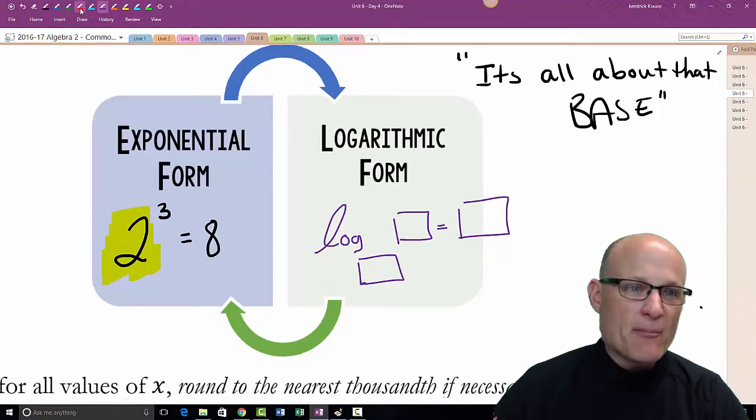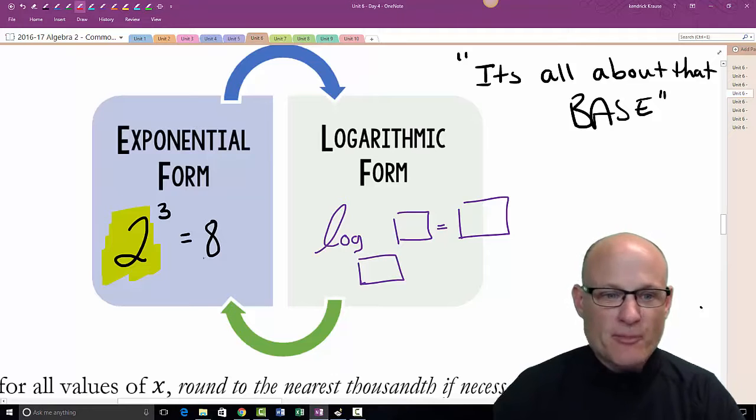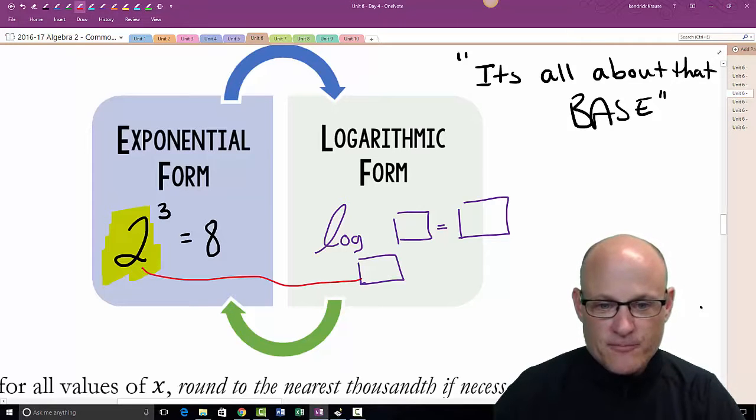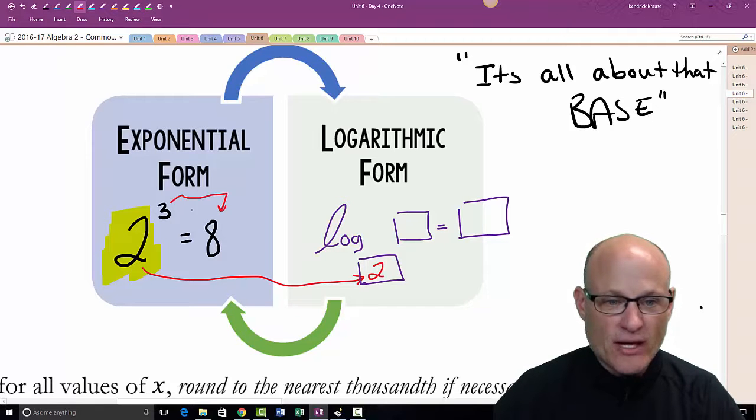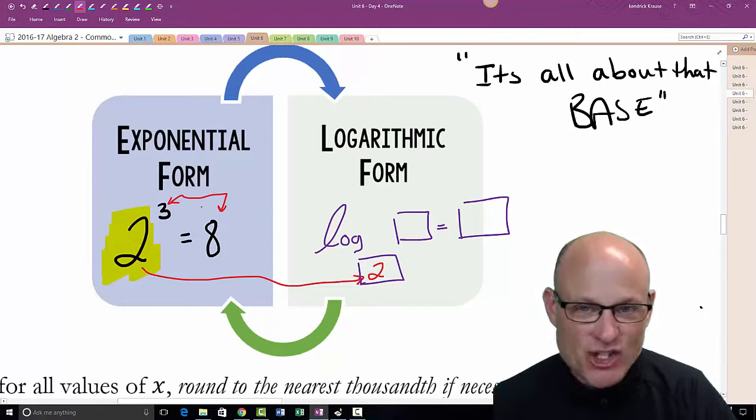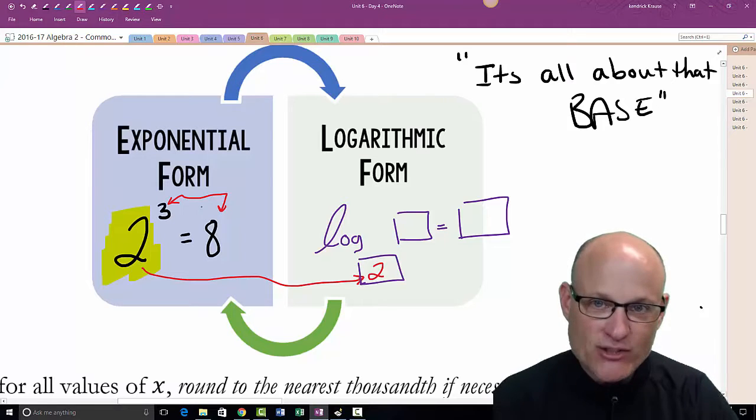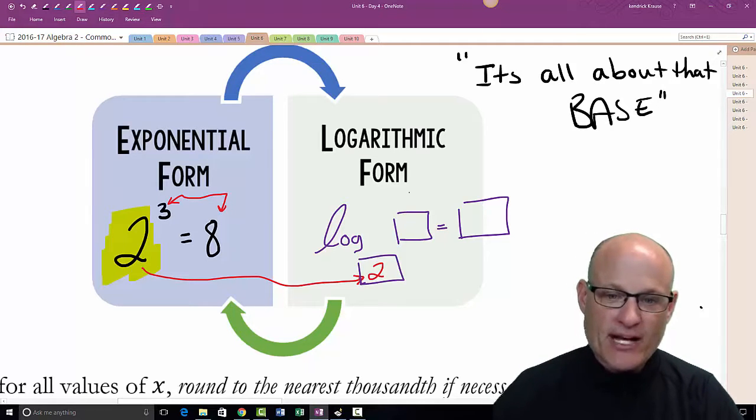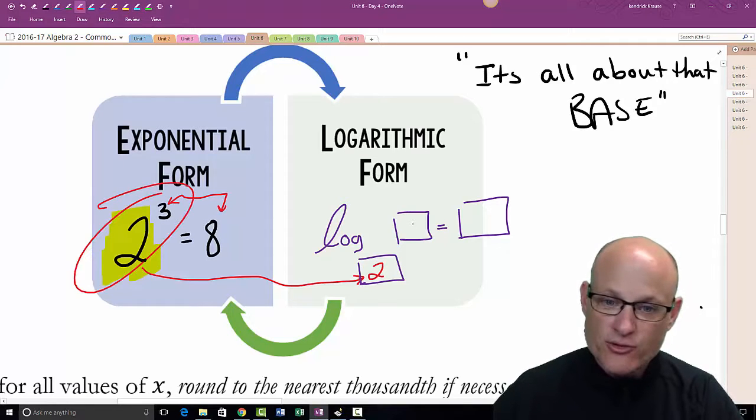It's all about that base. So I want you to start with the base. The base doesn't change. If the base is here, the base is here. It becomes a 2. And then these 2 things switch. That's it. I'm changing it, so I have to change something. So I'm going to change it from an exponential, all about the base, but instead of 2 cubed, it's now log base 2 of 8 equals 3.